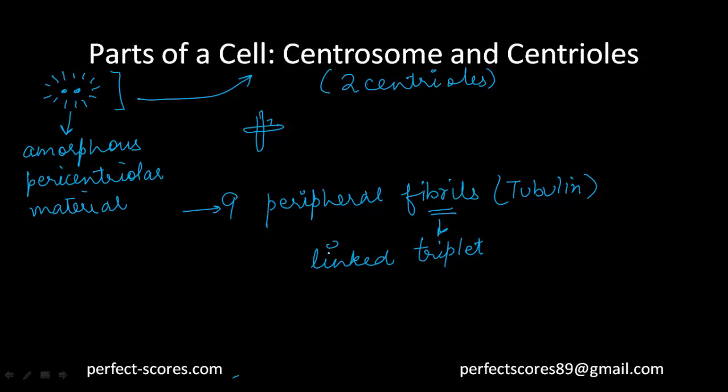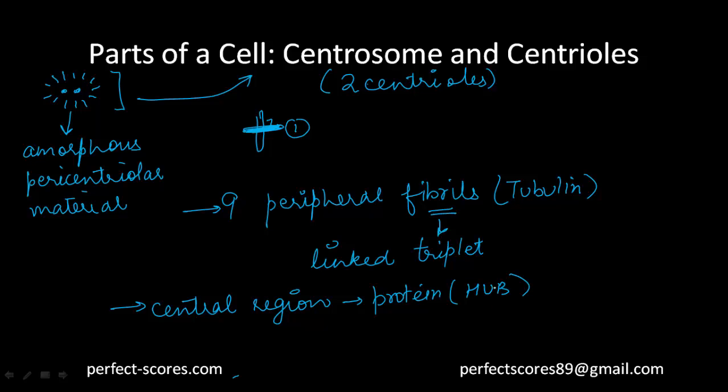The central part, the proximal region of the centriole, is proteinaceous. So whatever I'm talking about here is about one of these. Let's say this one. So the central region is made up of protein, and it's called the hub. And it's connected with the tubules of these peripheral triplets by radial spokes. So the connection to the fibrils is by radial spokes that are also made of protein.